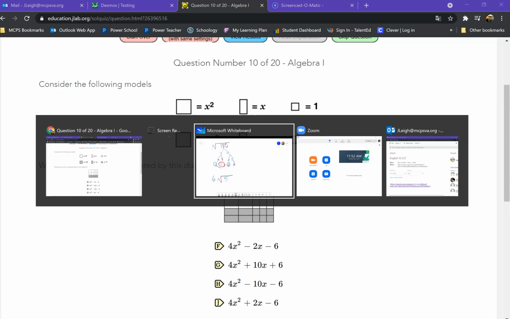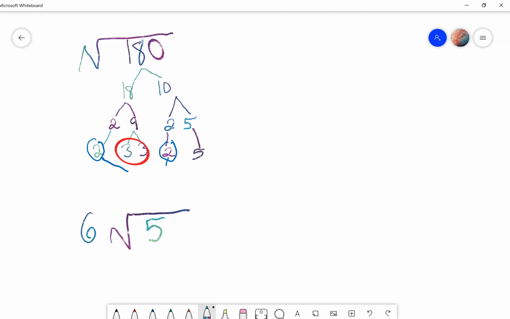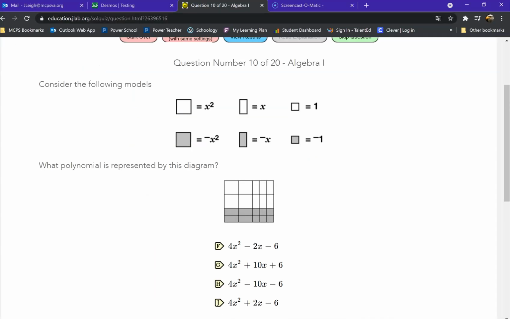So 4 times x squared is 4x squared. So let me erase this. Alright, and then I have 6 of these rectangles, so that's going to be 6 times x.